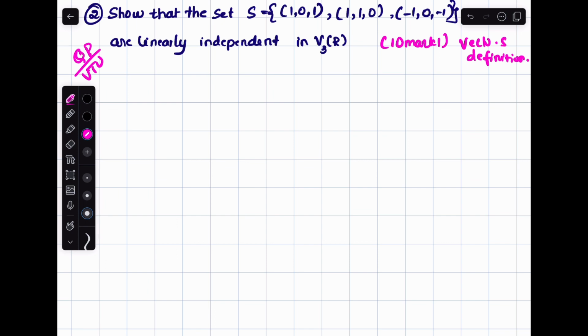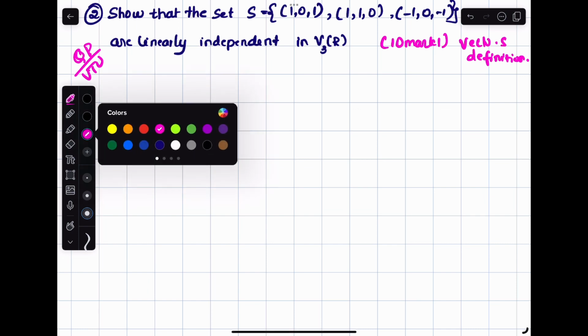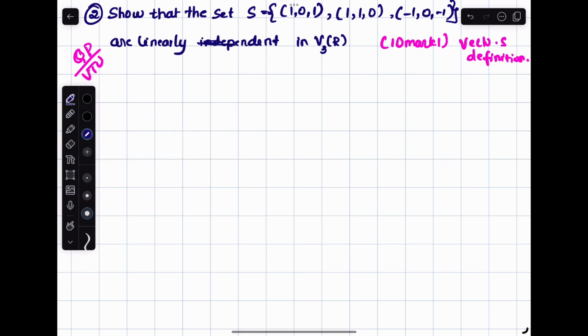We'll solve the problem first. We have to check whether it's linearly dependent. The question was for linear dependence in V3 of R. Now we will write the general form.